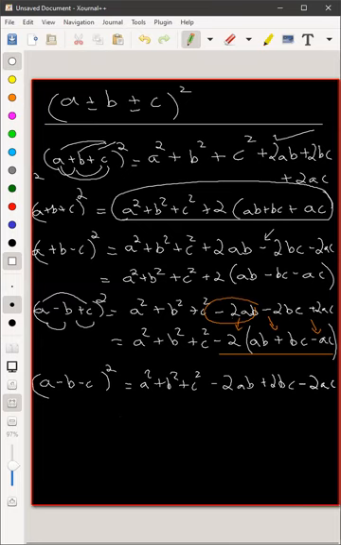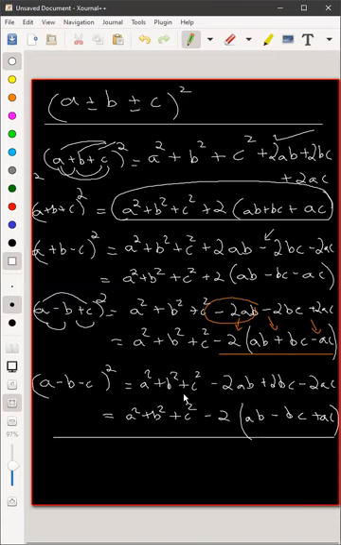Okay, combine. So a square plus b square plus c square minus 2 bracket ab minus bc plus ac. Correct?